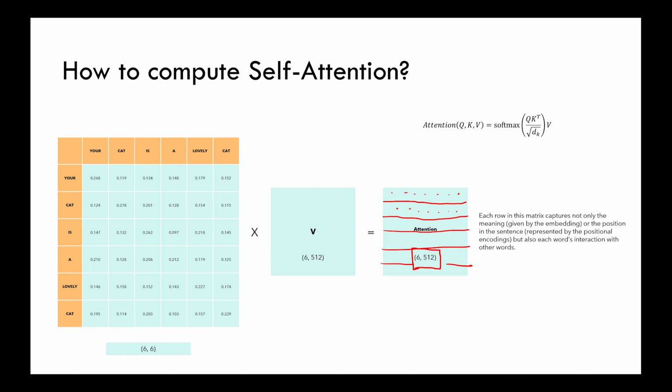Okay, so this output of the attention is a matrix that is representing a special embedding that captures all this stuff. So it captures the meaning of the word, which is given by the embedding that we built initially, plus the position of the word in the sentence, which is given by the positional encoding. And now it also encapsulates some kind of relationship with the other words in the sentence.